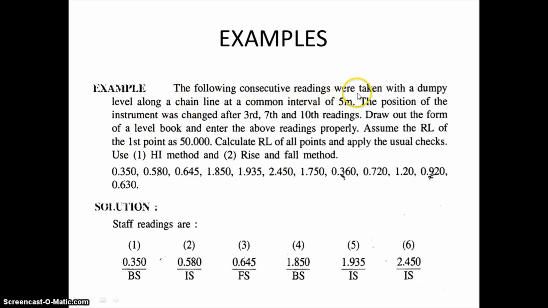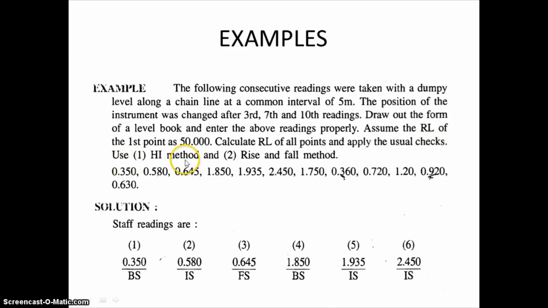The following consecutive readings were taken with a dumpy level along a chain line at a common interval of 5 meters. At a 5 meter interval we have taken all the readings. The position of the instrument was changed after the 3rd, 7th and 10th readings. Draw out the form of a level book, means you have to prepare your level book, and enter the above readings properly. Assume the RL of the first point as 50. Calculate the RL of all points and apply the usual checks.